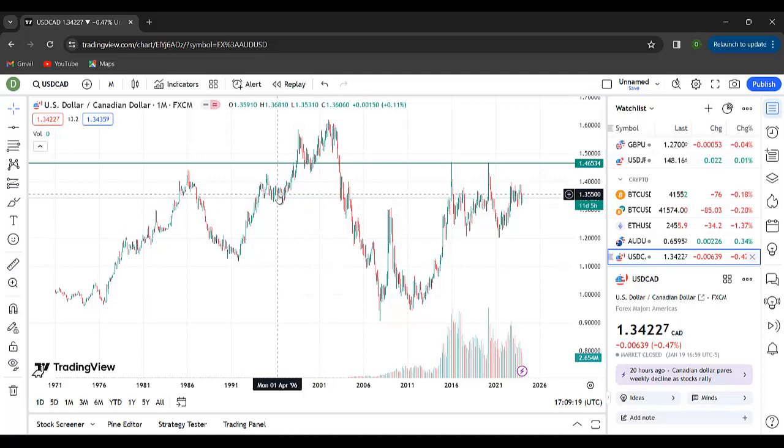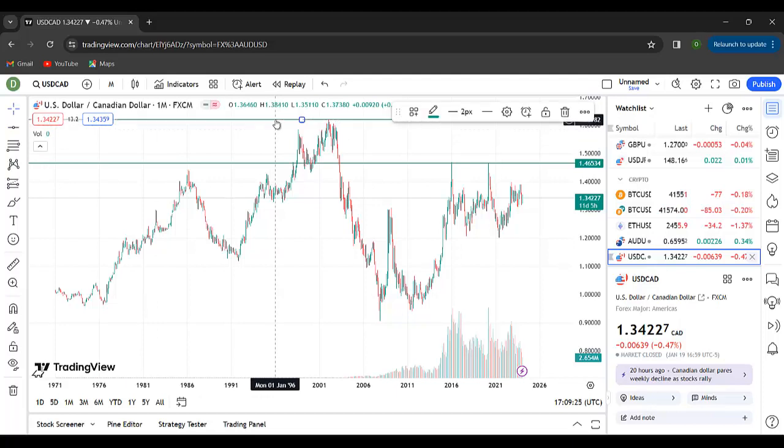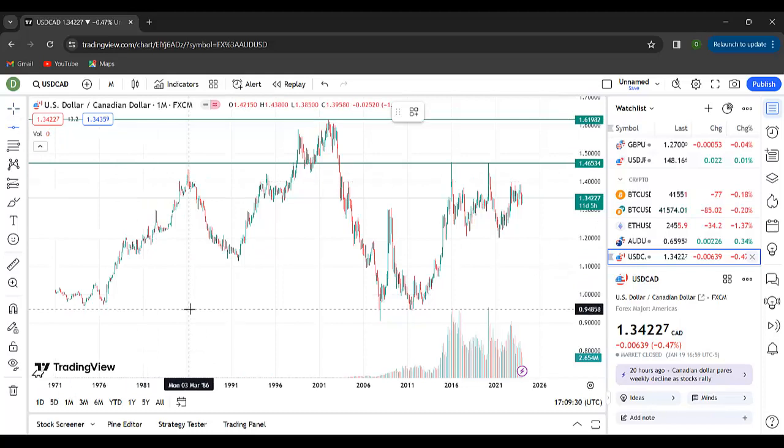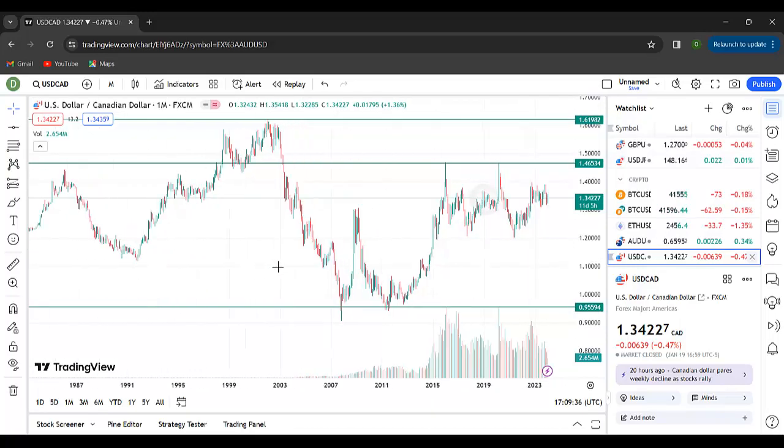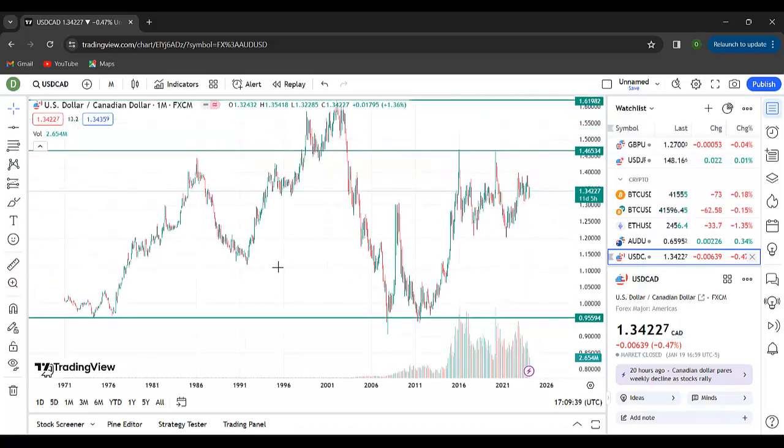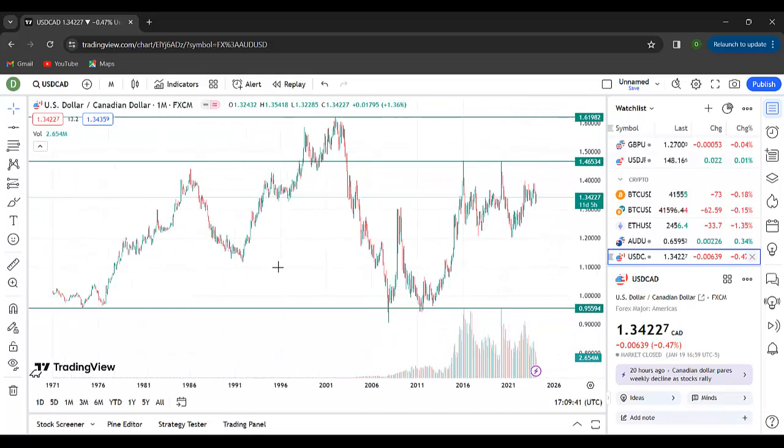I would also map out the high and low. This is our high and this is our low. Now, you can easily tell that this currently looks like a downtrend.